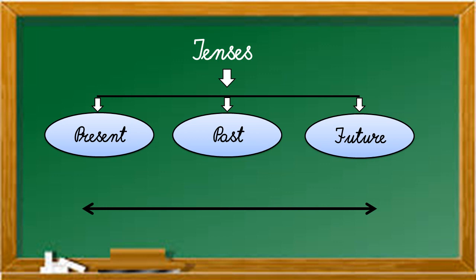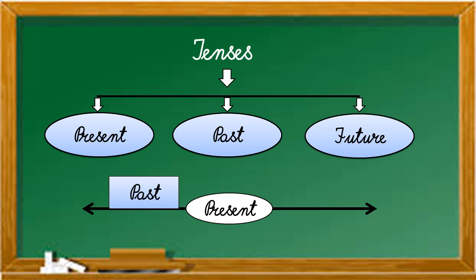Consider this timeline. The circle represents the present tense. The line left to the circle is the time which is already past, hence it is past tense. And the line right to the circle is the future time.